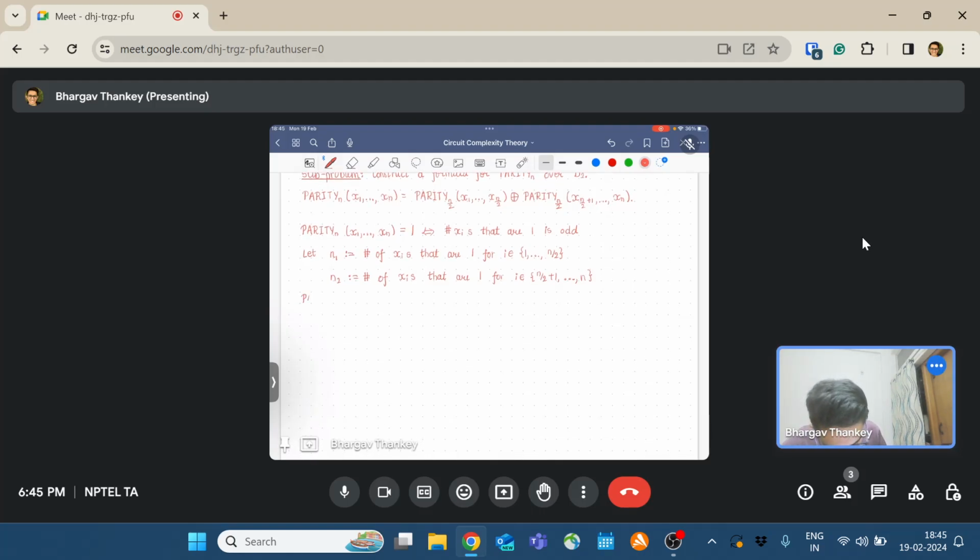Parity. So is this fine? Yes. Okay, so when is n1 plus n2 odd?